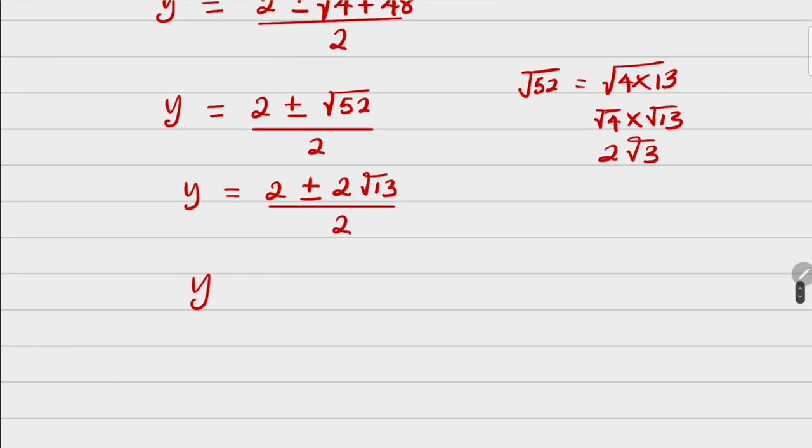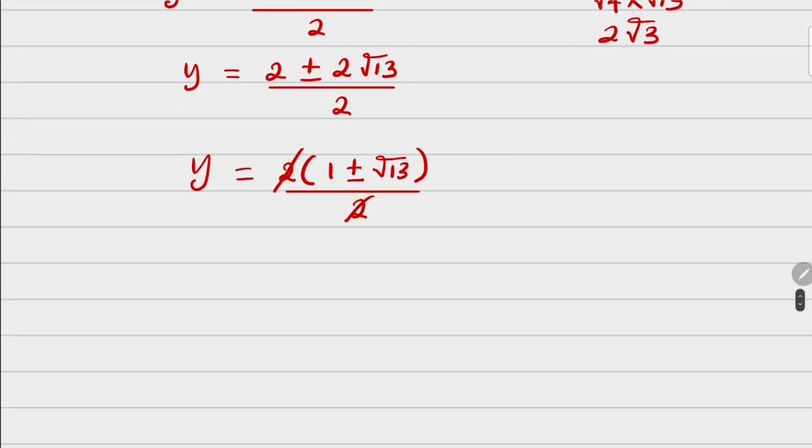The next thing to do is to factorize 2, so that I have 1 plus or minus root 13, all over 2. Checking it out, you see that this cancels this out, so we're done with this aspect. So I can now see my y is 1 plus or minus root 13.